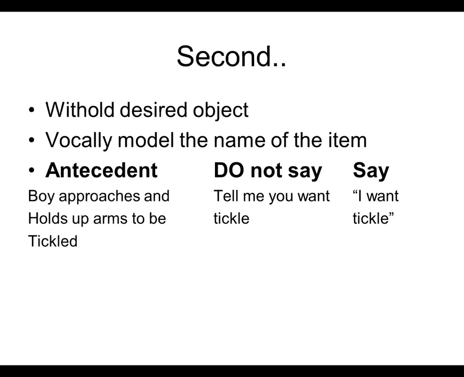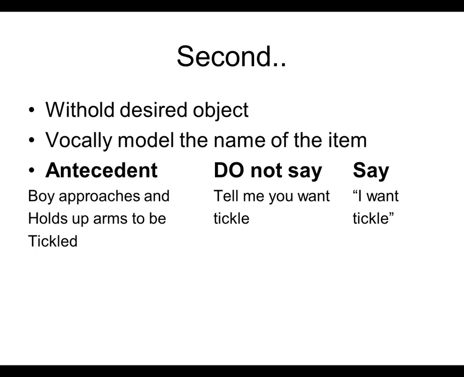So the second part is withholding the desired object. So it's out of reach now, and you've given partial pieces, and you've created this opportunity. Well, now you've got to withhold the item, the object, so that they have to talk. And they're going to vocally model the name of the item or do the sign, but remember we're talking about vocal mands right now.